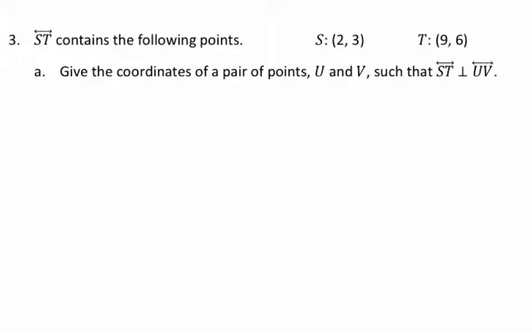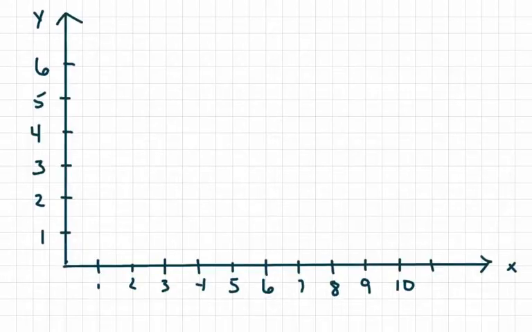Okay, and I have some graph paper, so I'm actually going to graph some of these points, and we'll do this very similarly to how we did number 1. So let's go ahead and plot our points. Point S is 2, 3, so we can put that right on the graph. And point T is 9, 6. Okay, so I'm just going to create line ST by connecting those 2 points.